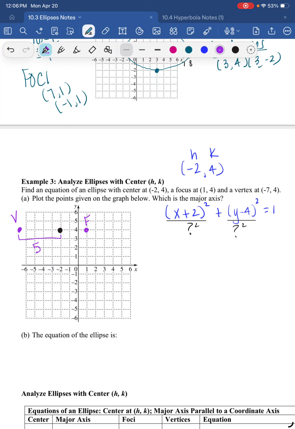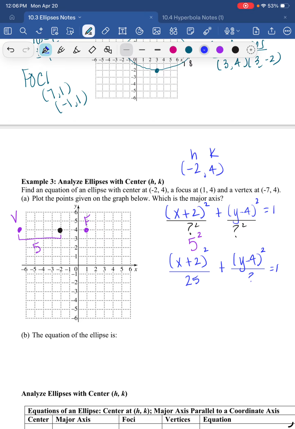That is the x direction, so it goes with x. So now I have (x + 2) squared over 25 plus (y - 4) squared over something equals 1.